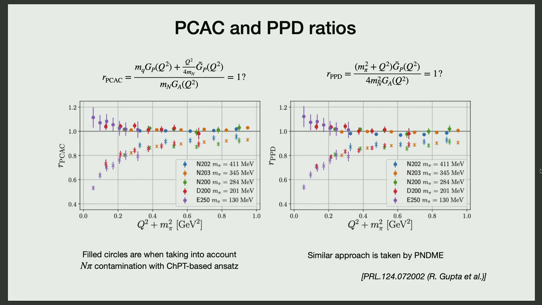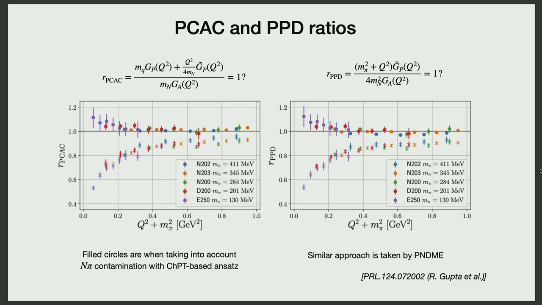That means extracting the excited states from the two-point functions and using them for the fit in the three-point function. That's wrong in these channels, because it is not always true that the leading terms in the two-point functions are the same as in the three-point functions. This is the main thing that one should keep in mind.